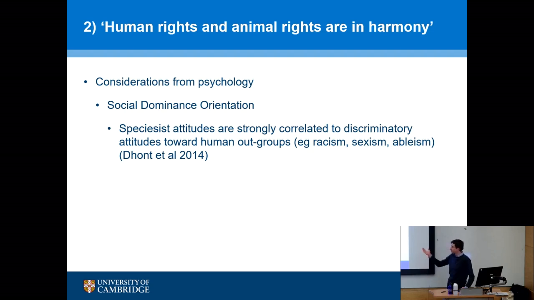You're more likely to also have racist views, statistically speaking, sexist views and ableist views, if you are also a speciesist, interestingly. This would seem to go exactly against what people like Cochrane are thinking. Very interesting. So it's a strong correlation between speciesism and other isms, if you like, other discriminatory attitudes.